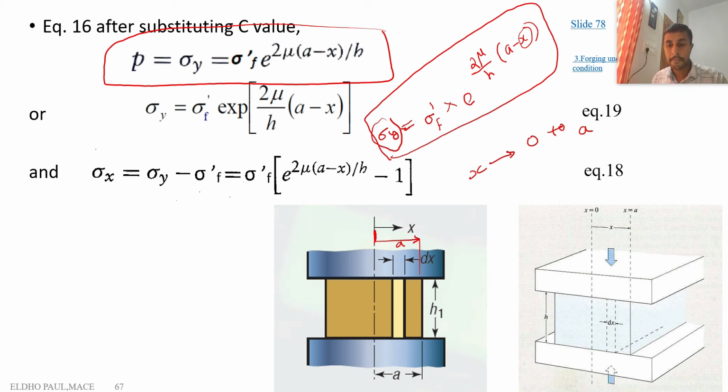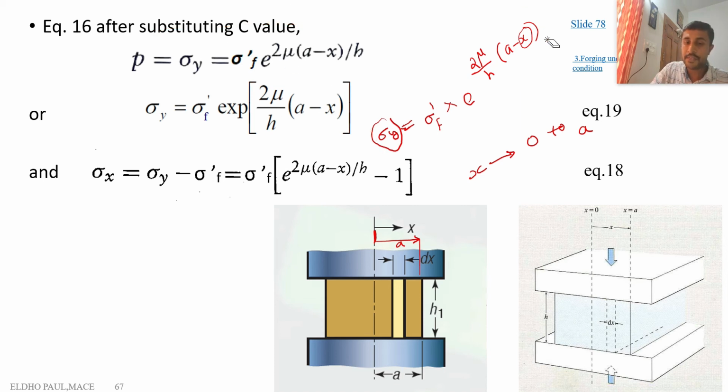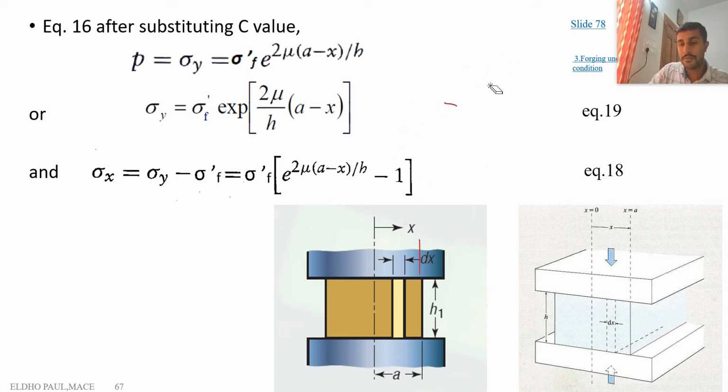So based on this sigma y equation, there is a variation of the sigma y value. The stress acting on the element is not constant. At the center region, there is a particular sigma y where x equals 0.